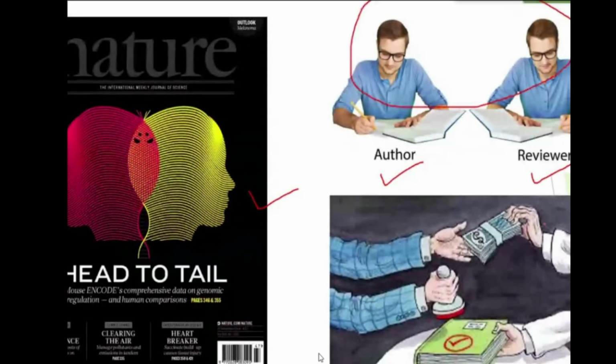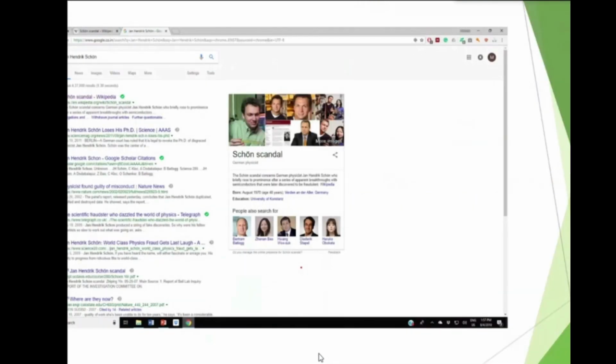And there is yet another way: in order to have your PhD thesis or MSc thesis accepted, you pay money for that, and that is yet another form of ethical misconduct. There is also yet another type of ethical misconduct where you cheat with the data that you are producing, and that has been seen in the literature.